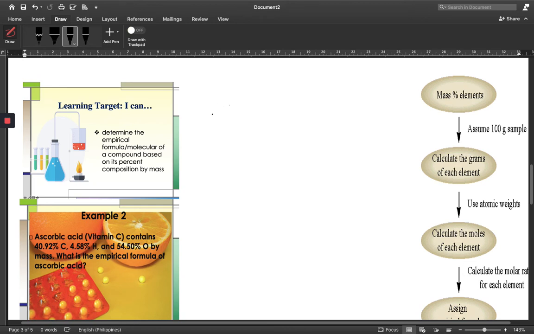And so therefore, in terms of carbon, let's write C here, there's 40.92 grams of carbon, which we will convert into the moles of carbon. So this is 1 mole of carbon is to 12.01.